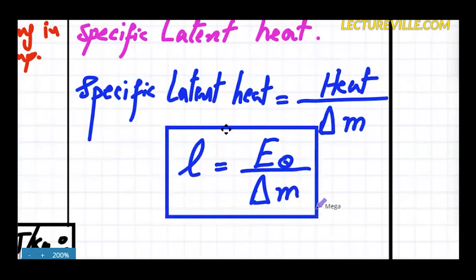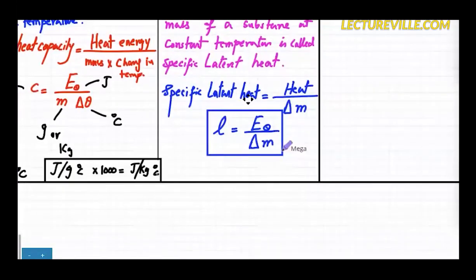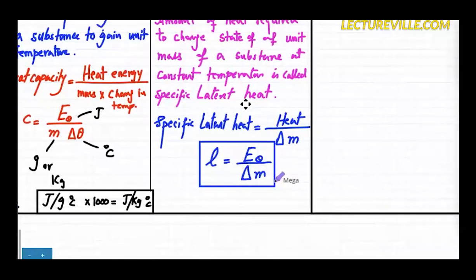Okay, any confusion? Wait, sir, why is there a change in mass? Listen, if we have 1 kg of ice and we provided 1000 joule of energy and the remaining ice is 0.998 kg, then our provided heat energy did not melt the whole ice, it only melted the difference of mass.